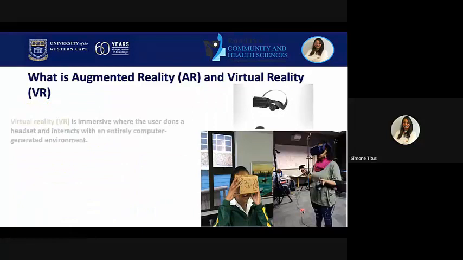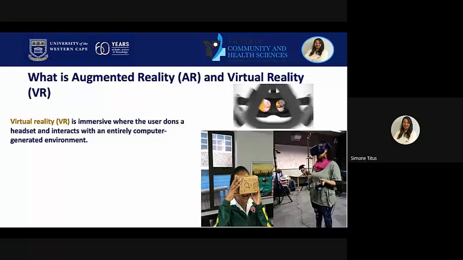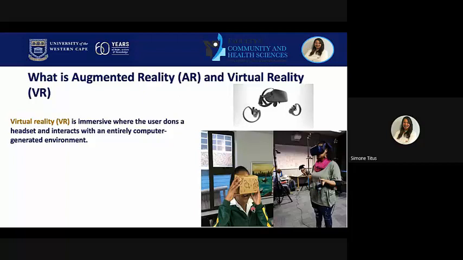Virtual reality, on the other hand, is more immersive than augmented reality because this is where the user actually dons a headset and interacts entirely with a computer-generated environment. This hardware is usually quite expensive, but there are lower economic alternatives like a Google Cardboard that uses your cell phone, as well as the glasses that are provided by Eon.